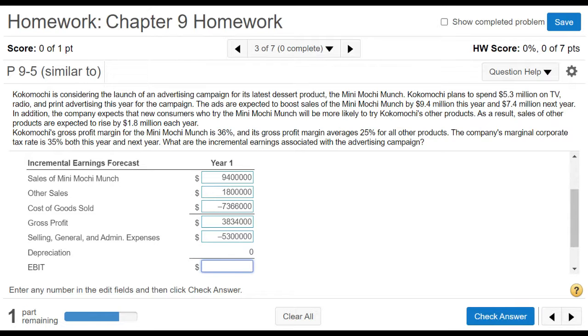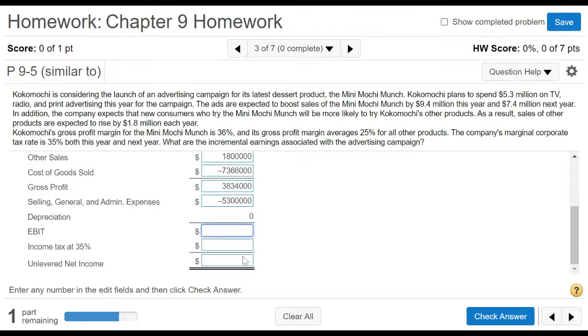So subtract 5,300,000 from 3,834,000. What do you get? I think that's negative 1,466,000. Negative 1,466.